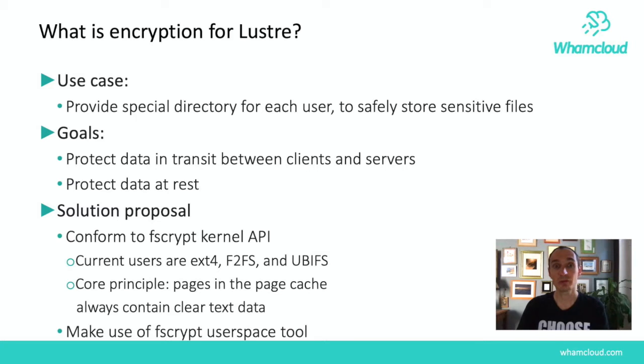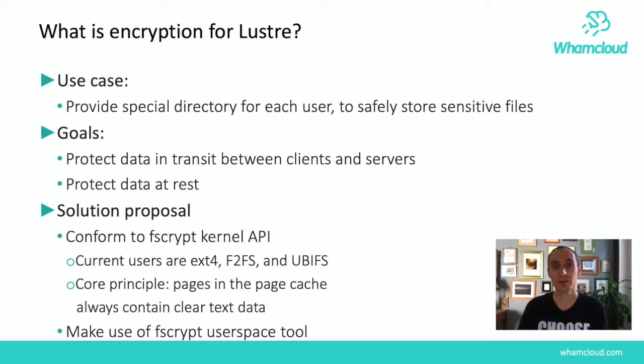The use case we want to address is to provide a special directory for each user to safely store sensitive files. So the goal is to protect data in transit between clients and servers, but also to protect data at rest. The solution proposal relies on the FSCrypt kernel API.